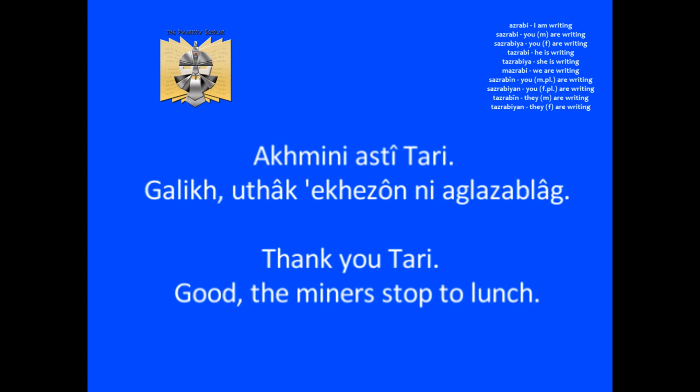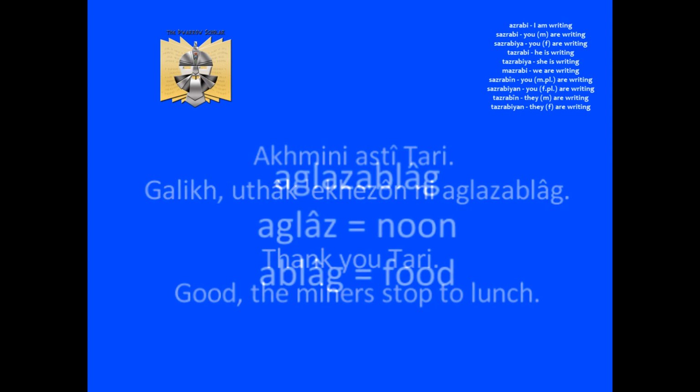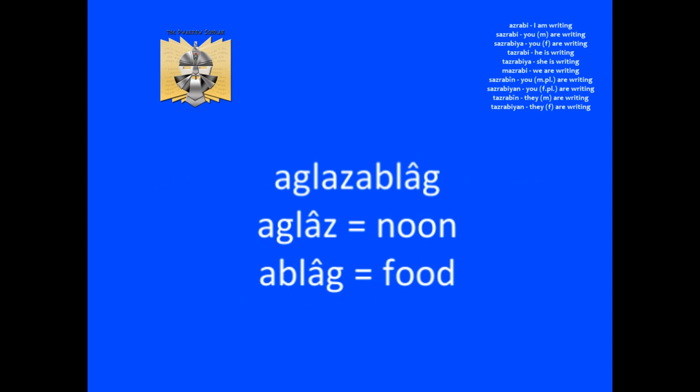Further, the word aglazablag is a compound word, made out of the words aglaz, noon, and ablag, meaning food. When we merge those two words to form a new one, and both the first and the second element have an extended vowel, which is the case, in this case an extended a, the first element will lose its extended vowel. So aglaz loses its extended a, which becomes a normal a, in the compound word aglazablag.